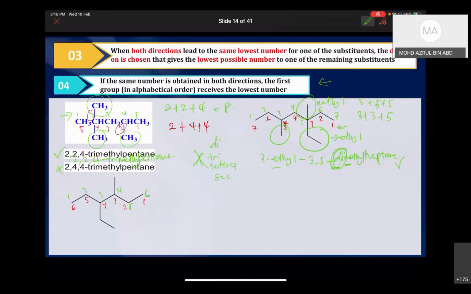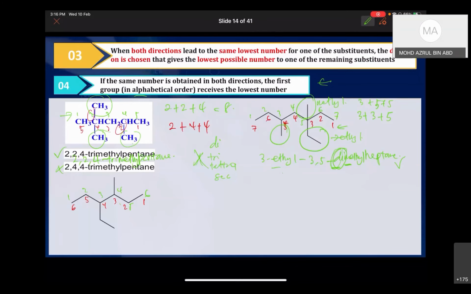We need to follow the fourth rule. It says that if the same number is obtained in both directions, the first group in alphabetical order receives the lowest number.